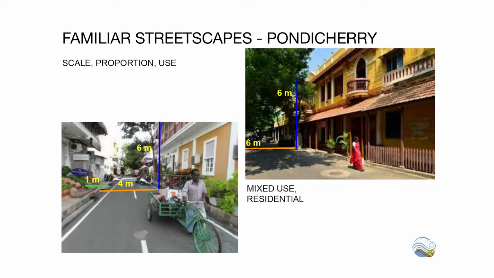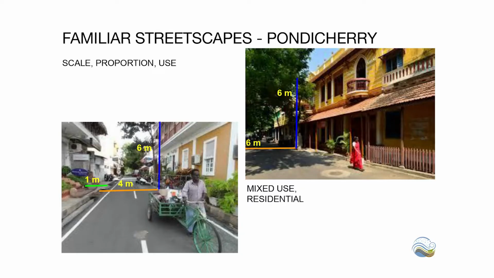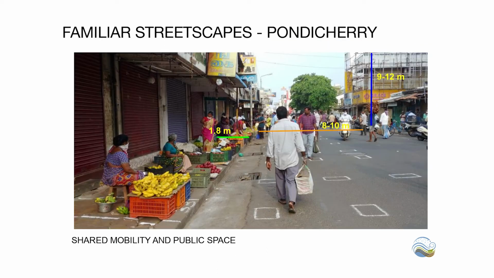So then we thought, okay, let's explore something in practice just to get a sense of the width of roads in relation to the height of buildings and how the spaces feel, how the shading works. And so this is just streets of Pondicherry. This is Nehru Street, a much more shared space, with a lot of public functions.